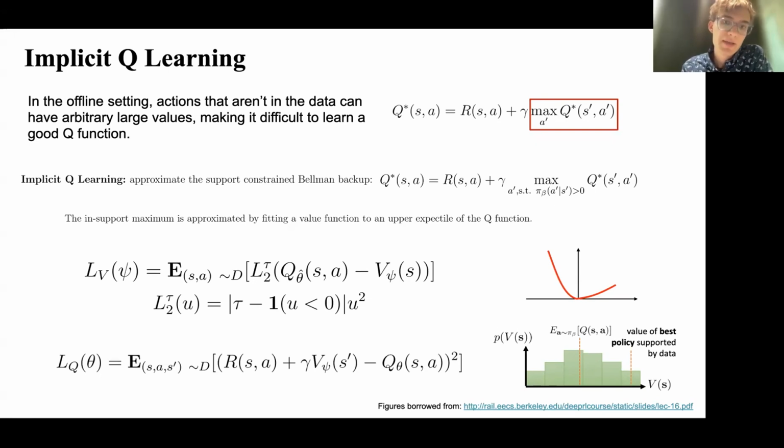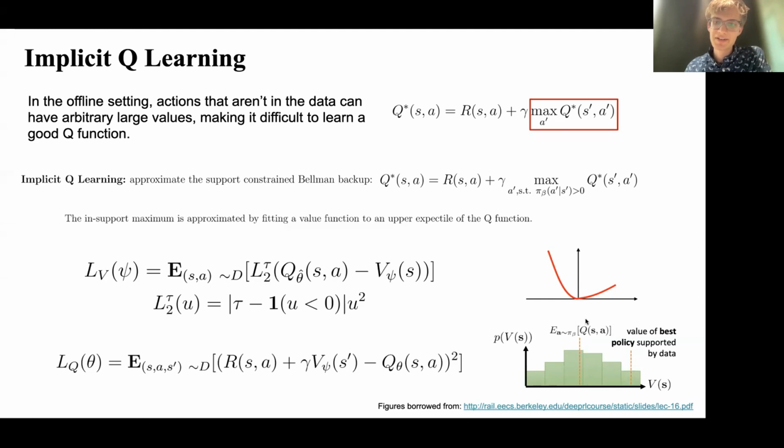So the lopsided MSE approximates this maximum over actions under a support constraint. I think this second plot illustrates the idea. Suppose the value of your states is on the x-axis, and the probability of that state is on the y-axis.